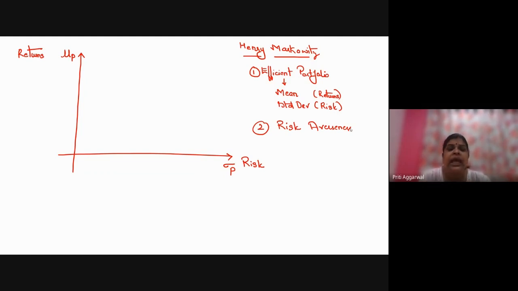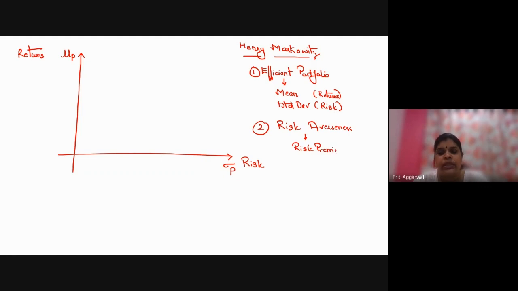Risk averse means he will never like to take more risk. And if he is taking a risk in his portfolio, he will always like to be compensated for the risk. That means he will always expect a risk premium for taking any risk.